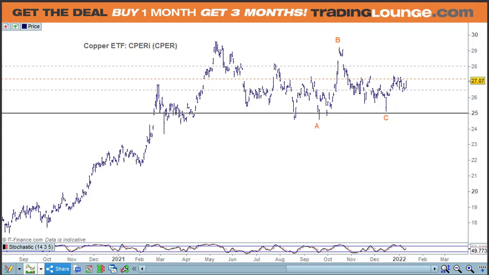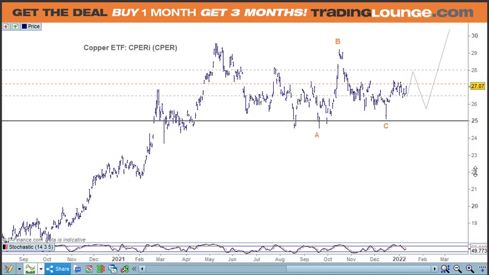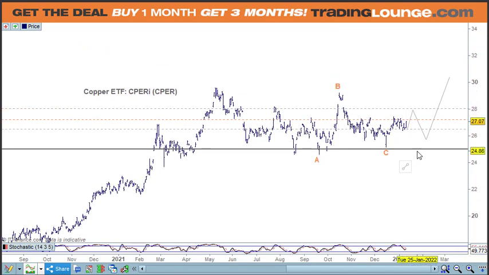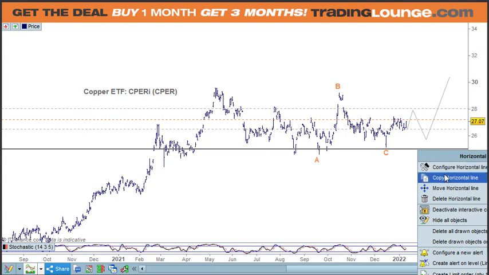So in this case, we're just looking for another move up here, and then a move back, and then a move up like that. So this is the one to buy. We'll try to buy that pullback there, but if we make a mess of it, then we'll just move on.